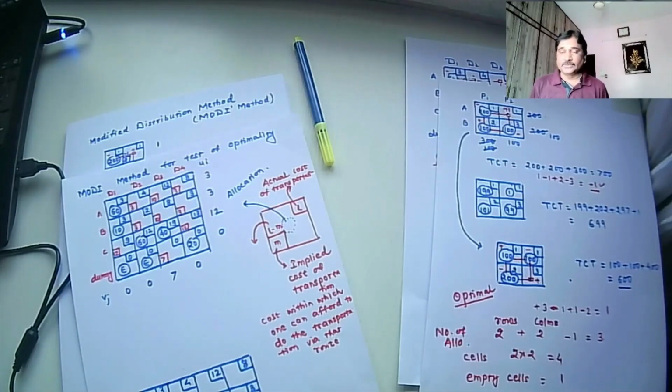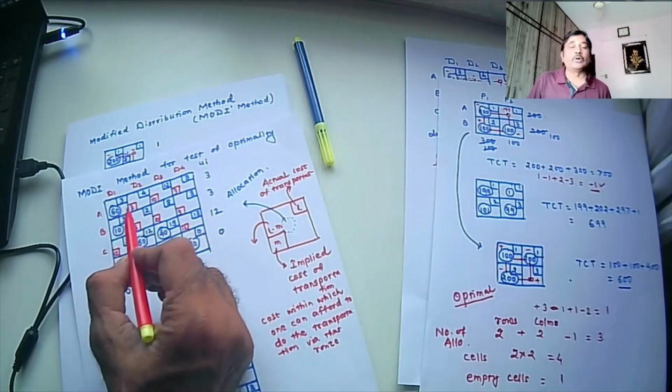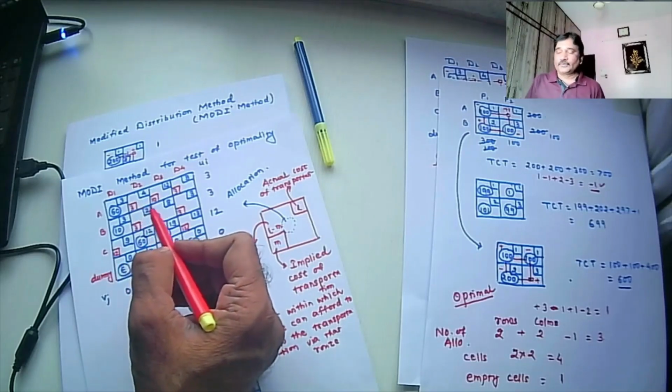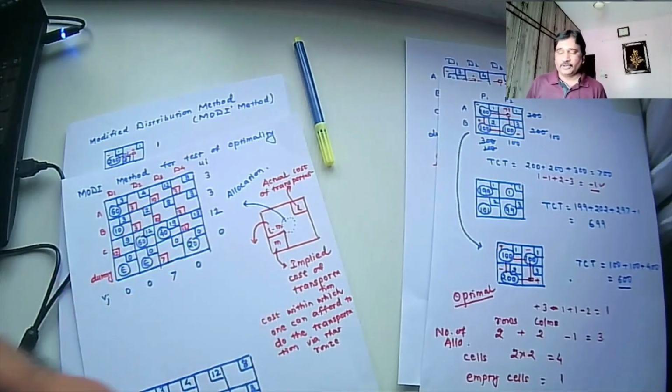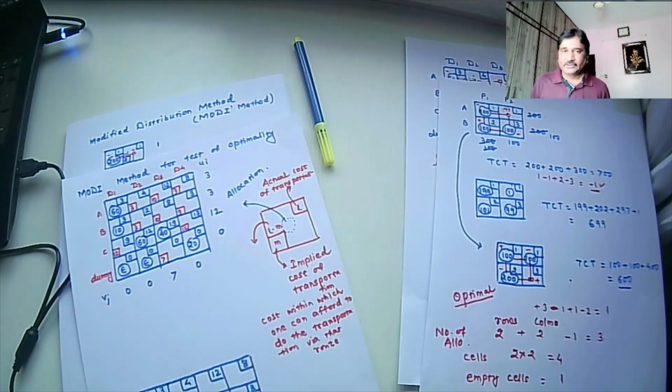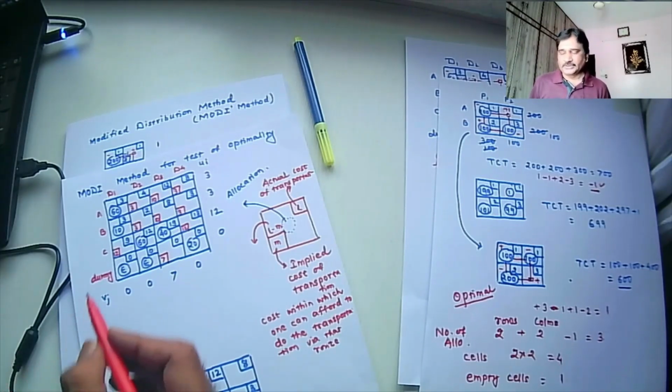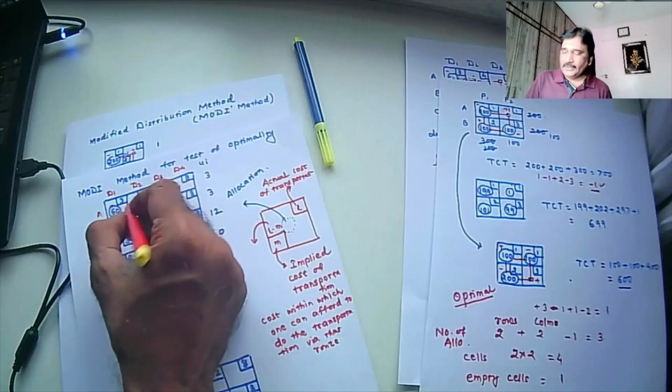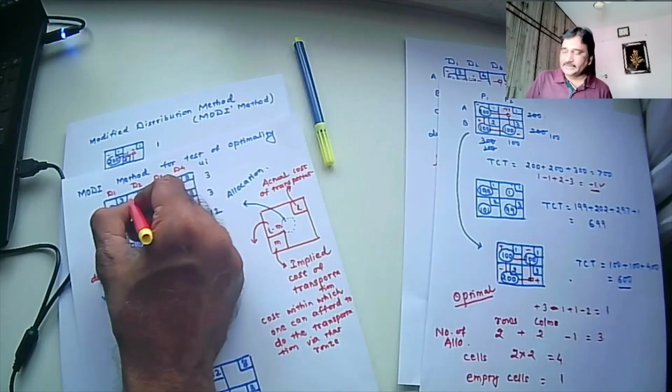When the taxi driver tells you that he will take 4 rupees, then you won't board, because you have formed your own concept that it should take 3 rupees, but he is telling you 4. So 4 minus 3, that value I write here, is coming positive.